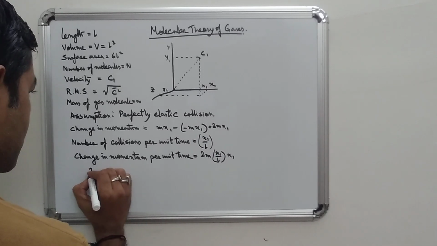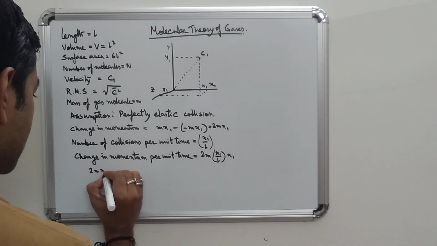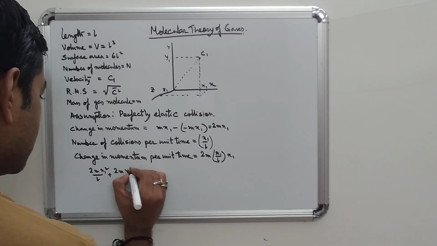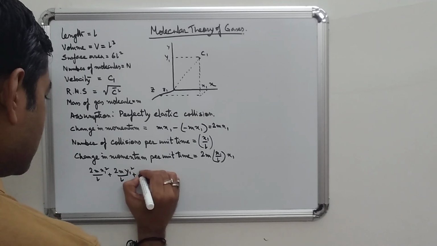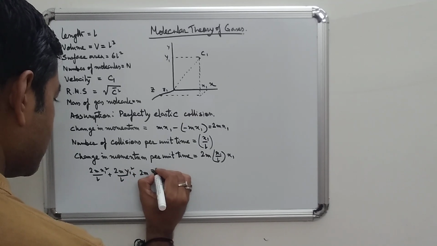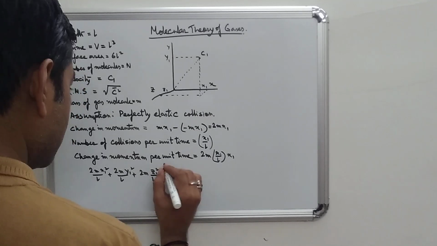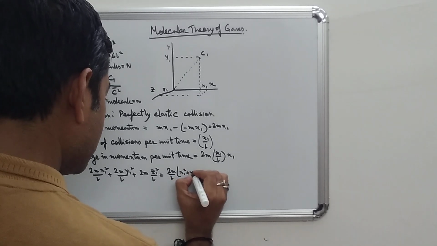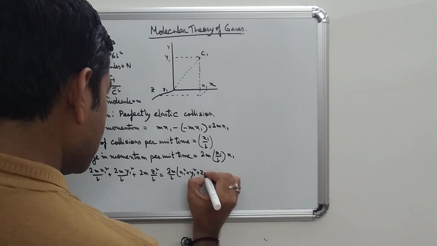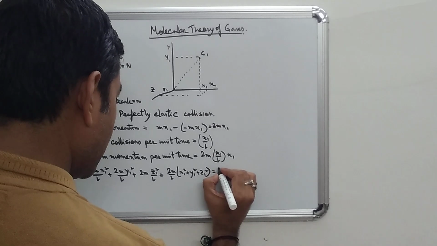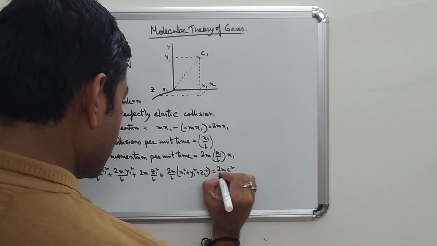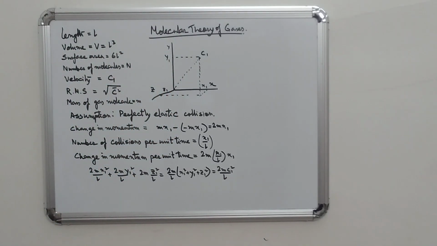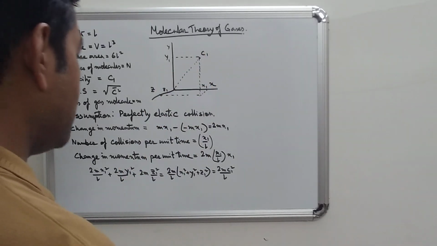Thus, 2m x1 square by L plus 2m y1 square by L plus 2m z1 square by L. After taking 2m by L common, x1 square plus y1 square plus z1 square, which can be written as 2m c square by L. It will be c1 square for this particle.